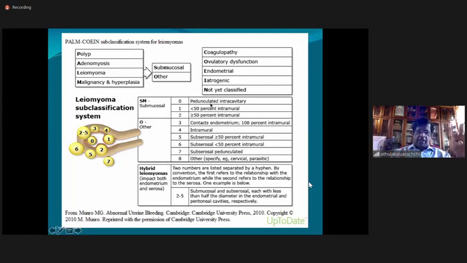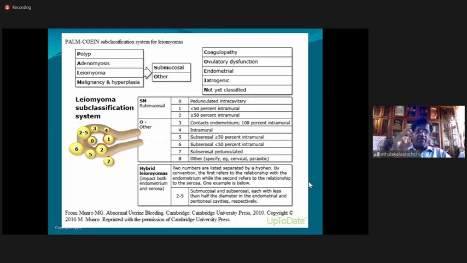If it's completely pedunculated, it's not. If it's more than 50% into the uterine cavity and less than 50% intramural, it's classification SM1. If it's more than 50% intramural, SM2. You can just look up this classification, it's there anywhere.